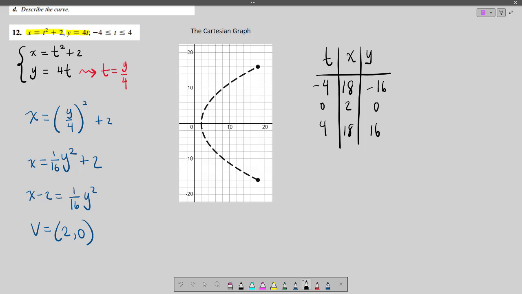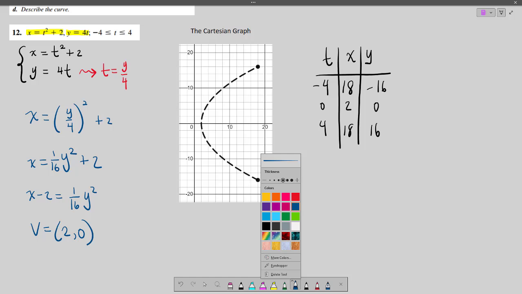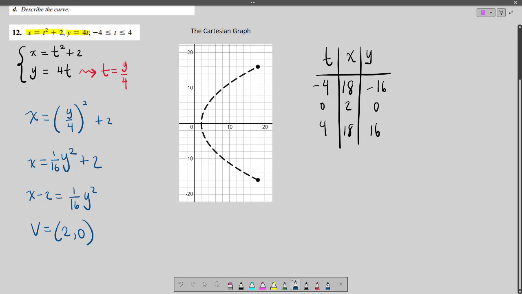So this tells us that when t is -4, we are at 18, -16. So that is right here. This corresponds to t equals -4. This, of course, is going to be t equals 0. And this will be t equals +4. So our curve is going to go this way.